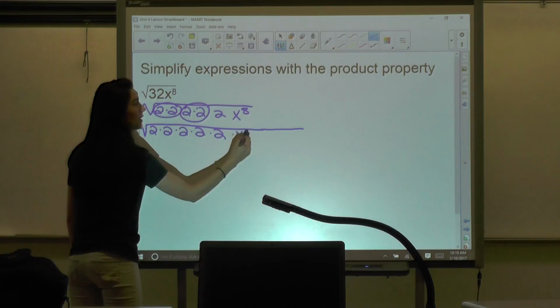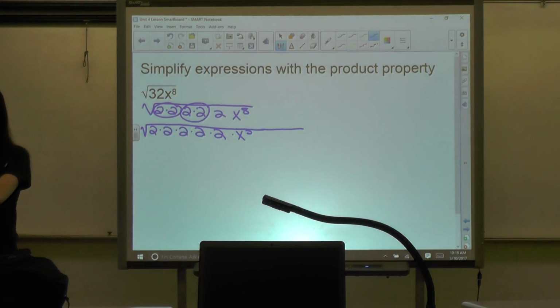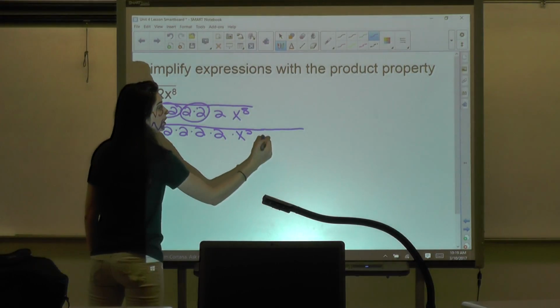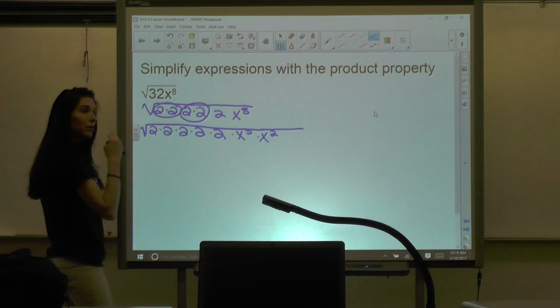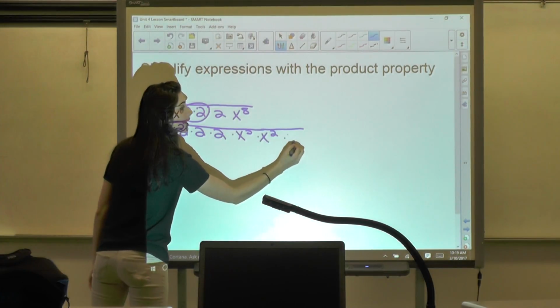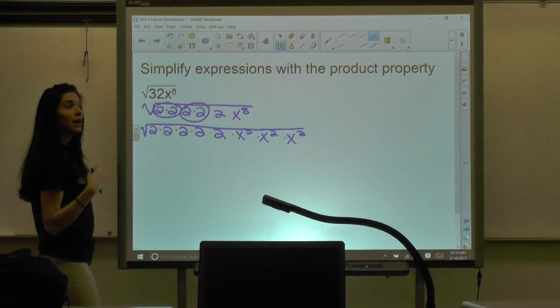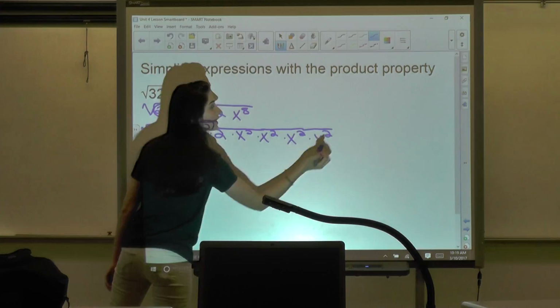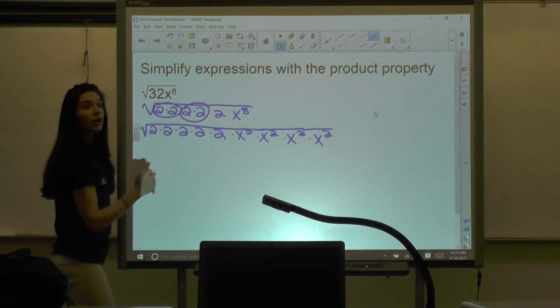I'm going to do x squared because I need 2 of them, right? And x squared is x times x, so that's 2 of them, correct? I have another x squared, so how many x's do I have altogether right now? 4. So I do another x squared, which means I have how many x's? 6. And I have one more x squared, which now gives me how many? 8. So x to the power 8.